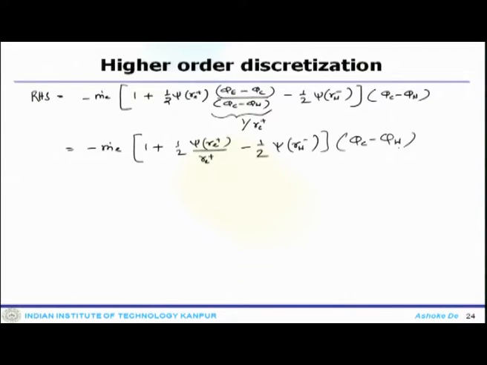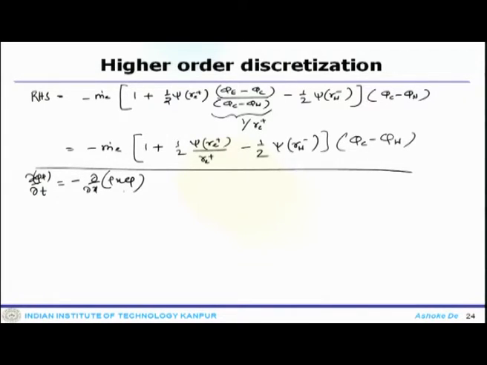So, once you compare this particular equation with the equation we started with, where del phi by del t equals minus del x of rho u phi, what can one say?